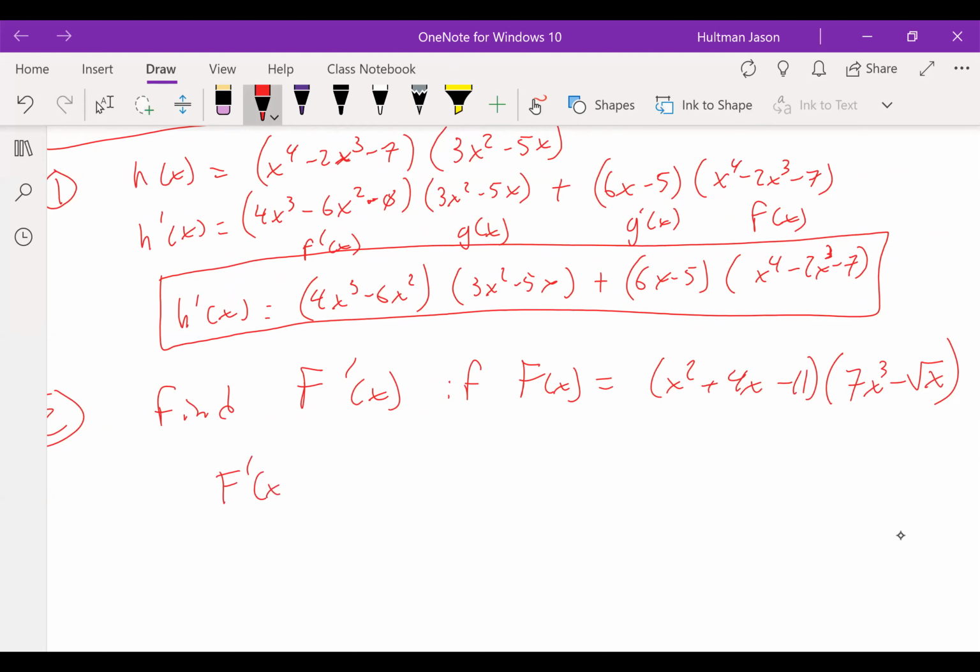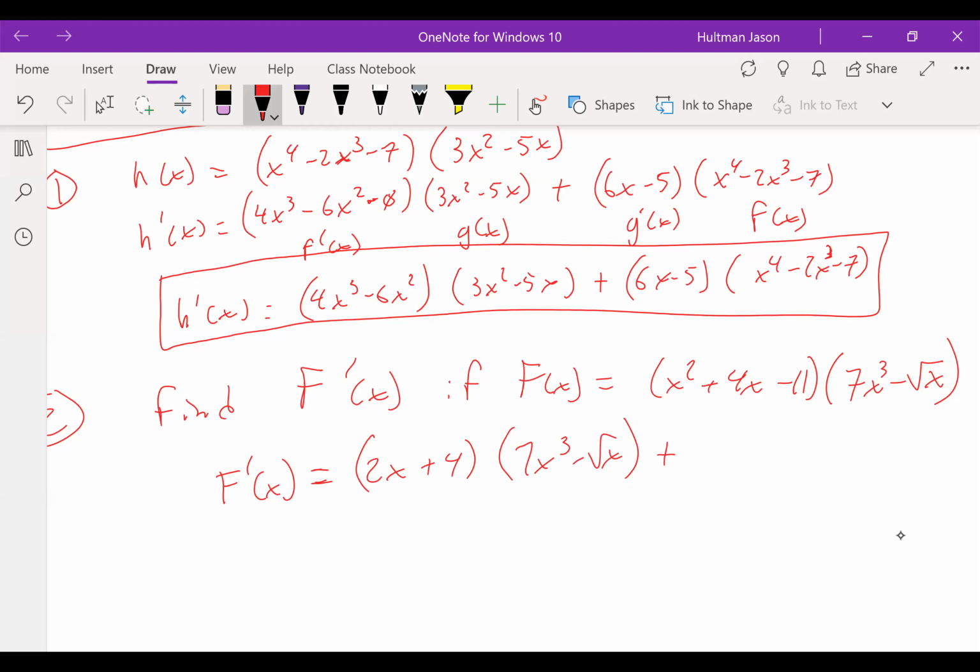So f prime of x is equal to the derivative of the first, which is 2x plus 4. The 11 becomes 0. Times the second, which is 7x cubed minus radical x, plus the derivative of the second.